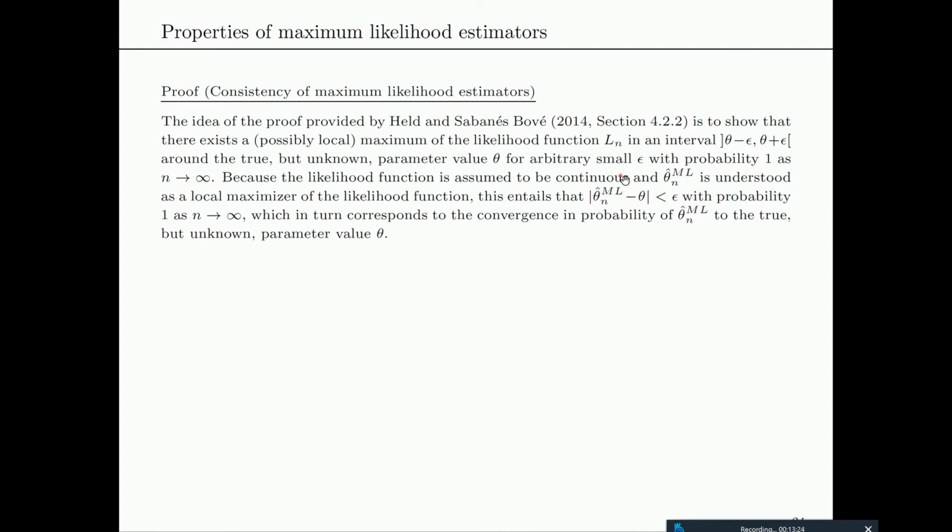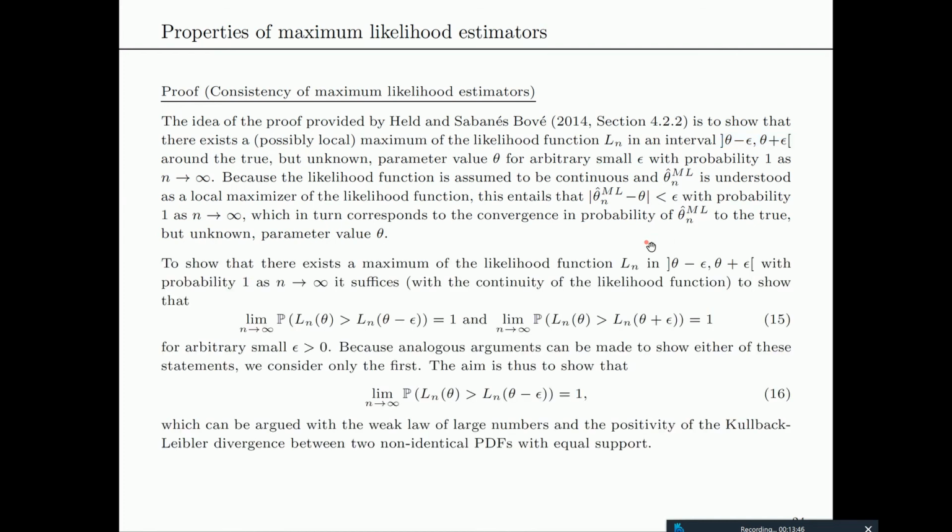So the main part of the proof is actually not to show what's happening with the maximum likelihood estimator, but to show that there is a local maximum in this interval, because by continuity this implies that the maximum likelihood estimator goes to the true but unknown value. So that's the idea.